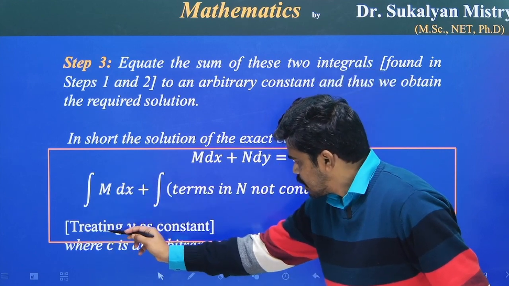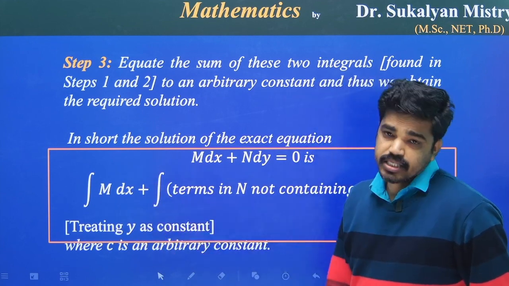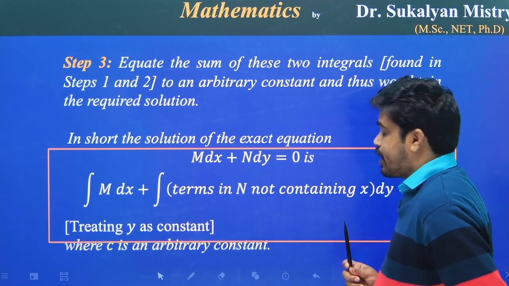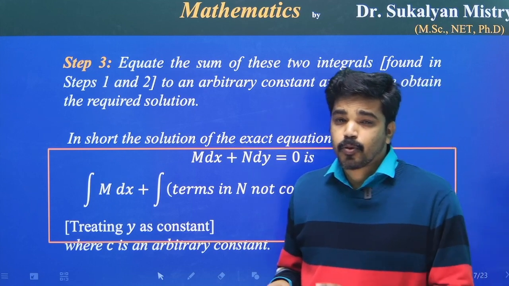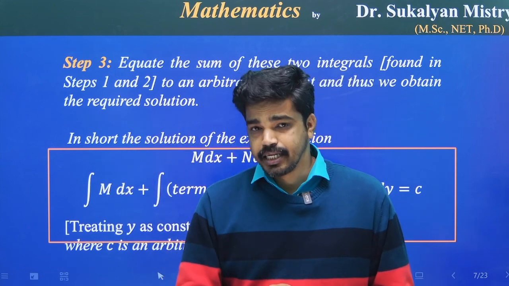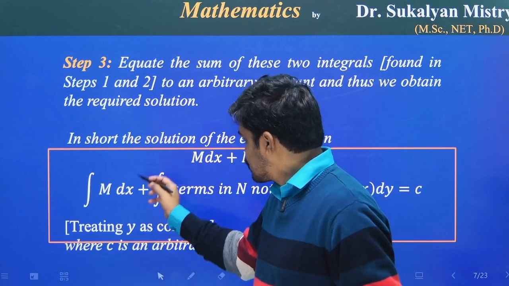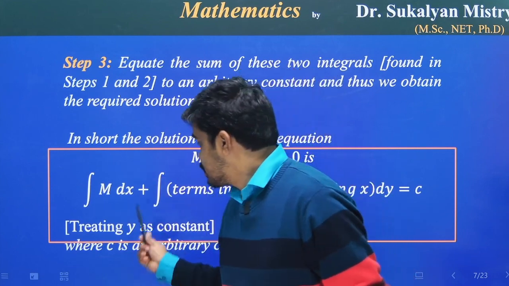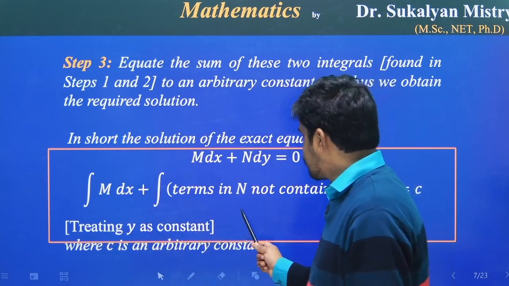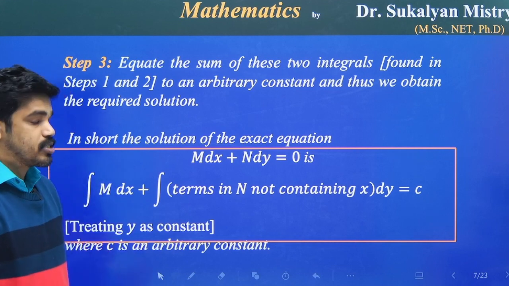That means when integrating M with respect to x, y is assumed to be constant, and those terms of N in which x is not present are integrated with respect to y. Now we will solve problems so the whole concept becomes clear. First we must check whether the equation is exact, that is, del M del y equals del N del x. If the equation is exact, then the solution is integration M dx treating y as constant plus terms in N not containing x into dy is equal to c. What is c? c is an arbitrary constant.